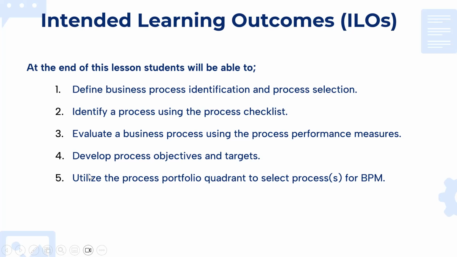And finally, you can utilize the process portfolio quadrant to select a process. You can use this tool to identify which processes you're going to select. So these are the 5 ILOs you're going to achieve at the end of today's lesson. I hope everyone is clear.